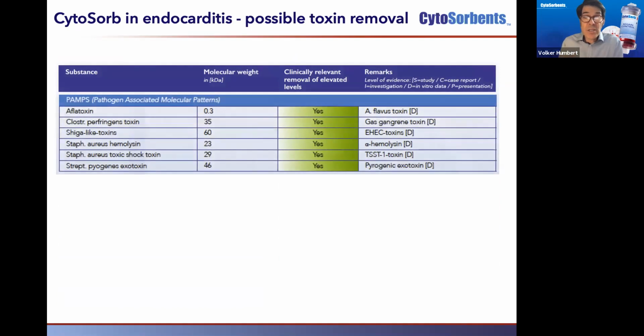a gram-positive endocarditis, because, as this adsorption spectrum shows, Cytosorb therapy is capable of removing various bacterial toxins. So in case of a gram-positive endocarditis coming from Staphylococcus or Streptococcus infection, it might be that Cytosorb is acting on two levels.